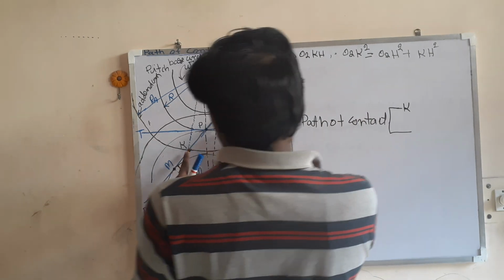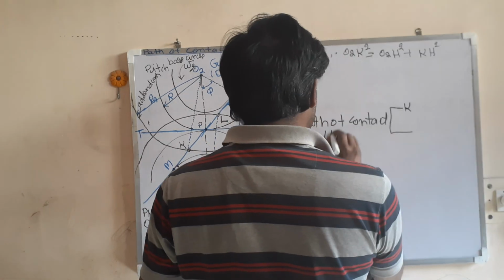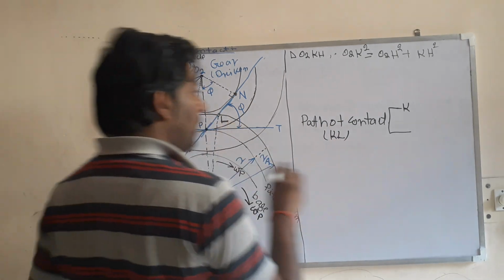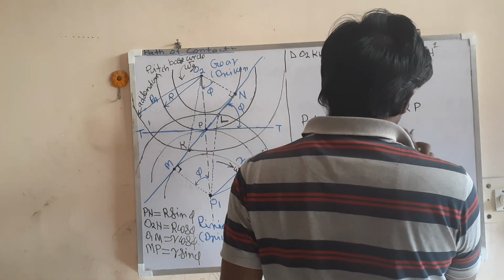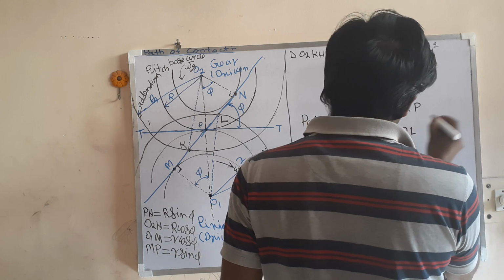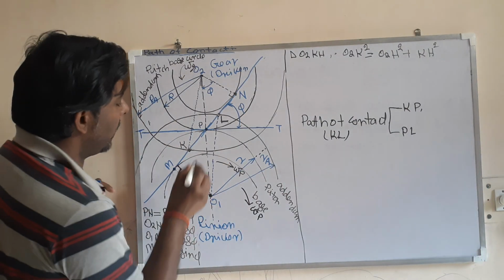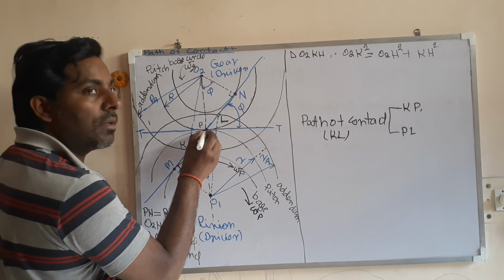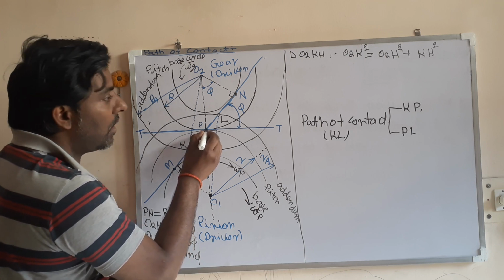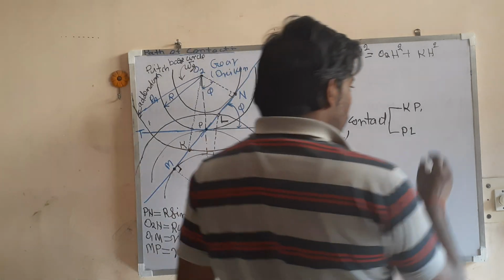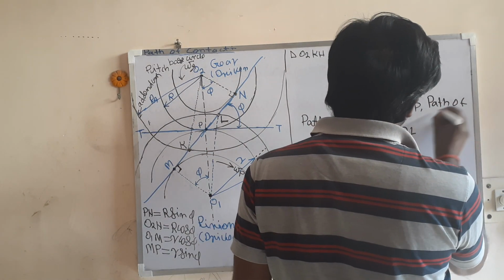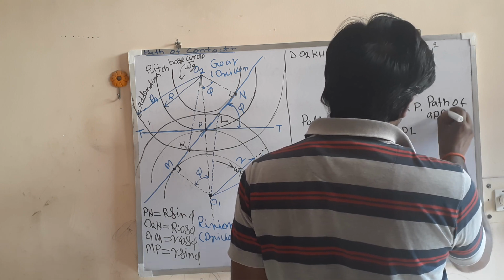So this KL is the path of contact, and this can be divided into KP and PL. This distance from the start of engagement to the pitch point is known as the path of approach. So this KP is the path of approach.